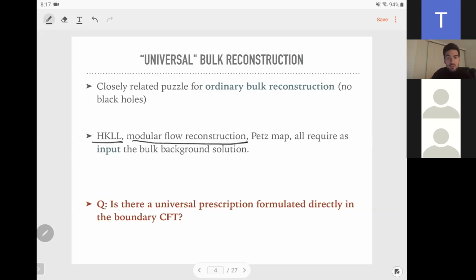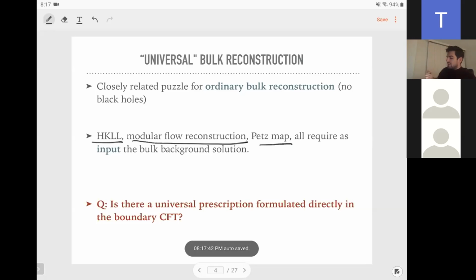Of course, in ordinary bulk reconstruction, there are many available techniques already in place: HKLL reconstruction, modular flow reconstruction, the Petz map, but all of them require as input the bulk geometry. At some point, we always input information about the classical background solution in the bulk.